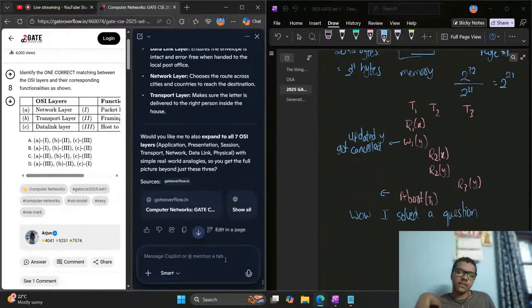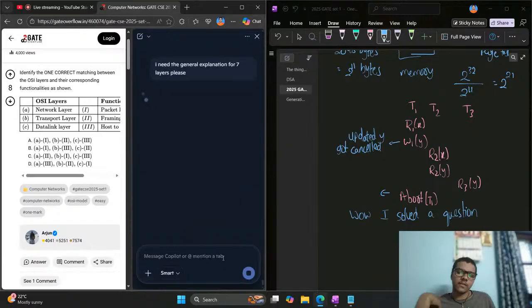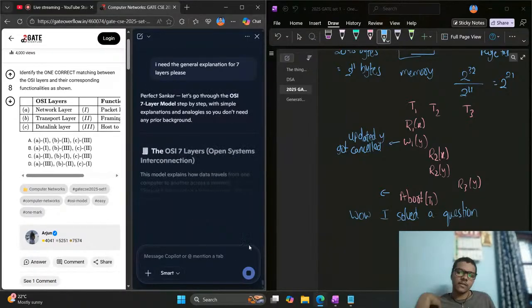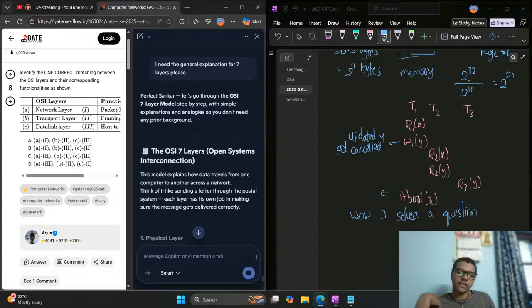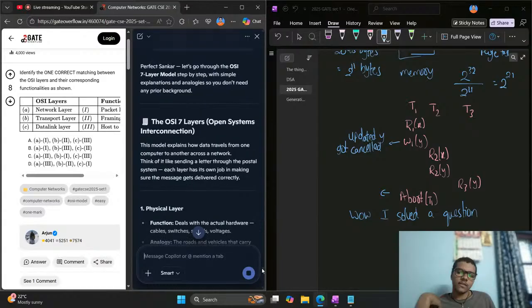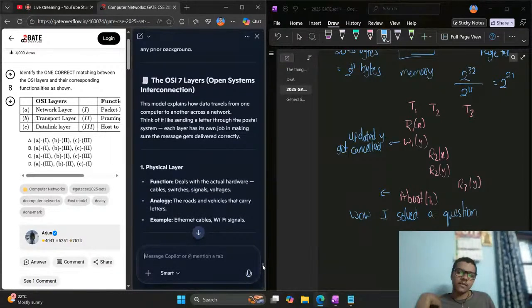I need the general explanation for 7 layers, please. Data travels from one computer to another. Physical layer deals with actual hardware.